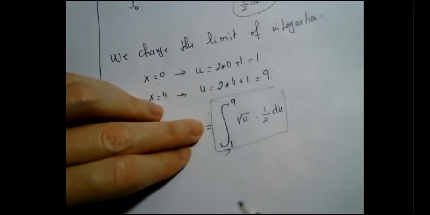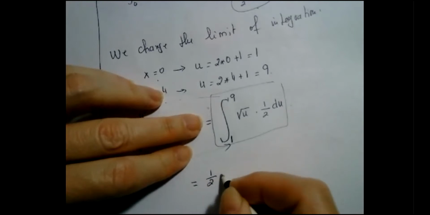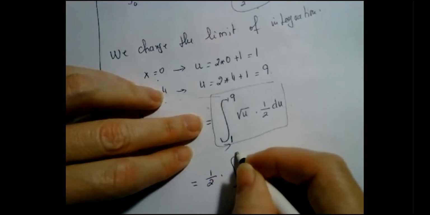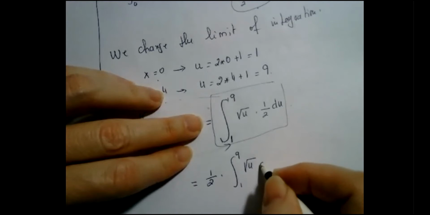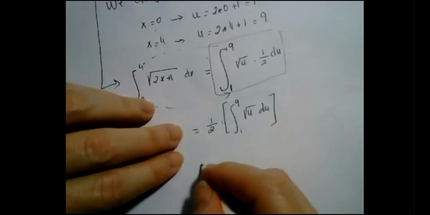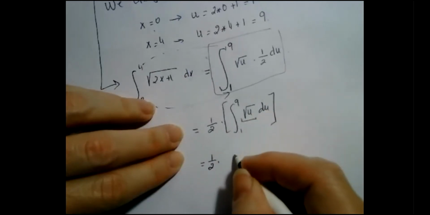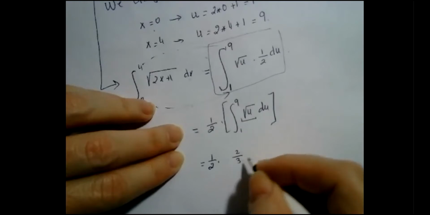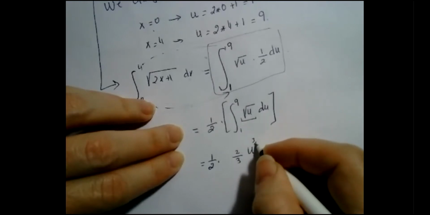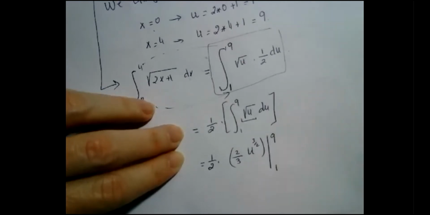Okay, so what do I mean by that? It's going to be equal to a half times the integral from 1 to 9 of the square root of u du. Means equal to a half times the antiderivative of that, which is 2/3 u to the power 3/2. Why? Because we've done it several times, between 1 and 9.